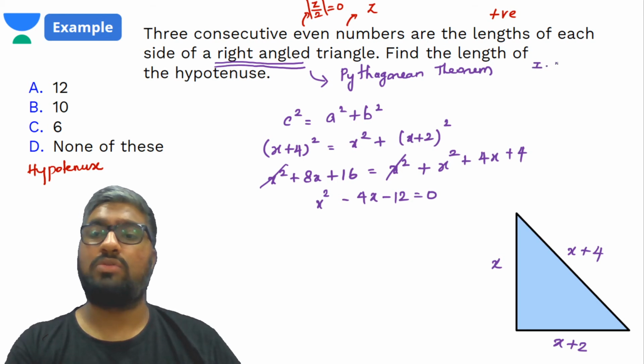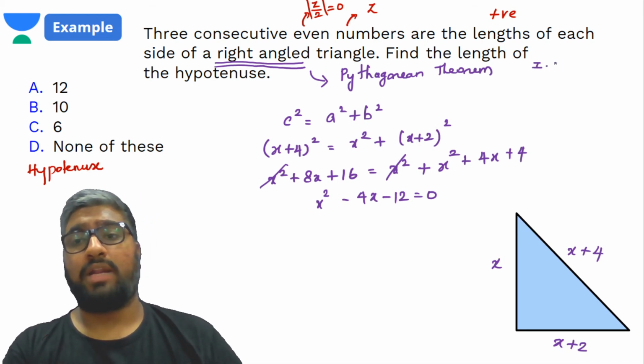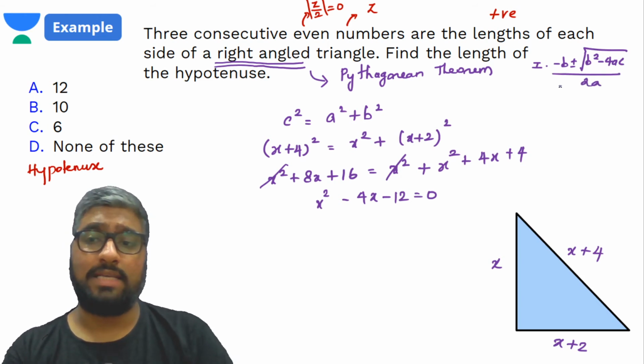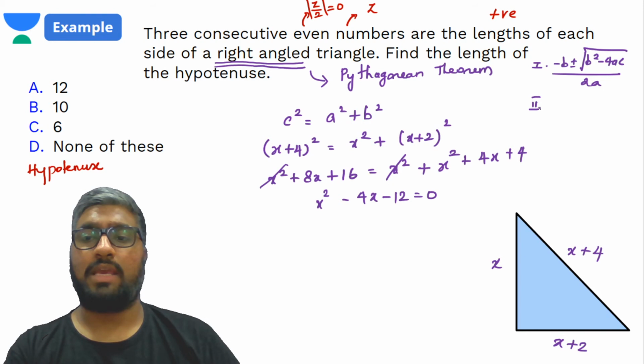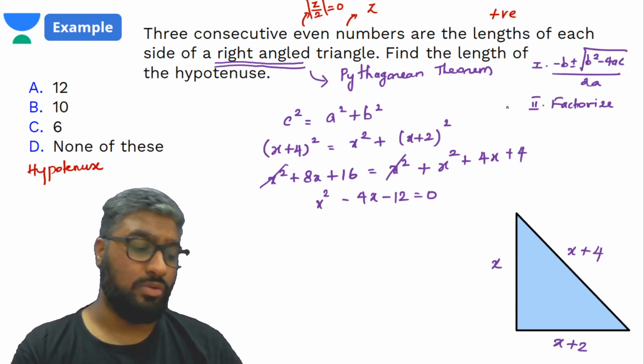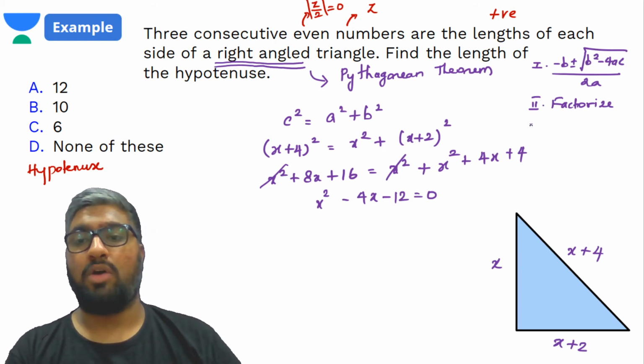Way number one is to use the quadratic formula: minus b plus or minus root of b square minus 4ac, all divided by 2a. The second way would be to factorize, so I can factorize the given constant and identify the roots. The third way would be reverse engineering.